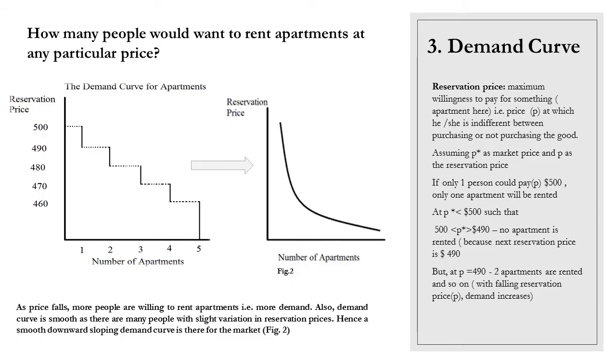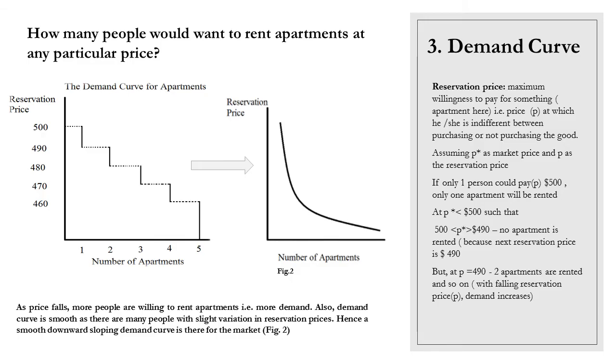You can have one apartment or two apartments, it's not like 1.5 or anything like that. But if the price is at $490, two apartments can be rented, and so on with falling reservation prices.